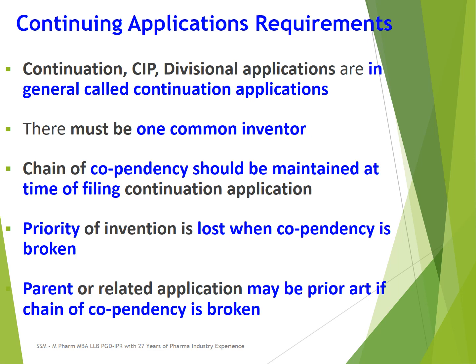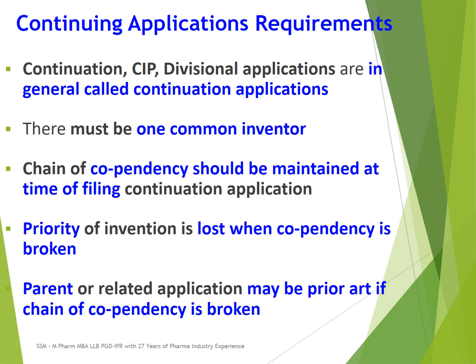If a patent has been granted on that application, then co-pendency is not there, so you cannot file a continuation application in that case. If the chain of co-pendency is lost, then priority of the invention of your continuing application is also lost. So priority of invention is lost when the co-pendency is broken.